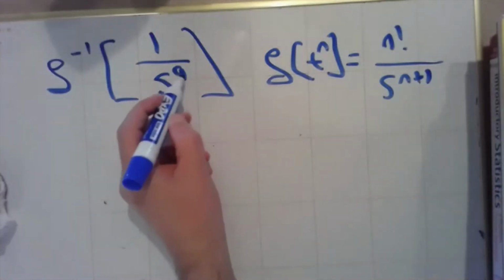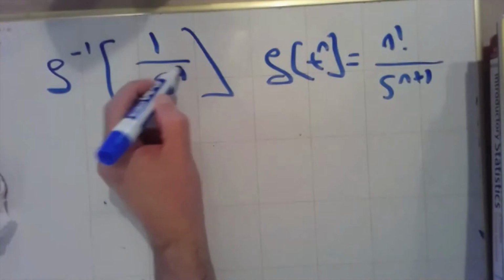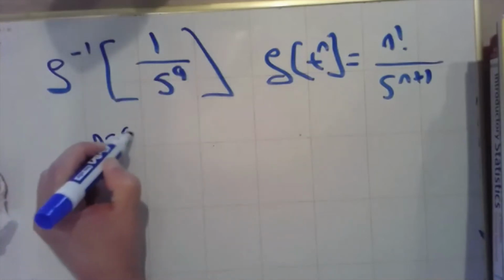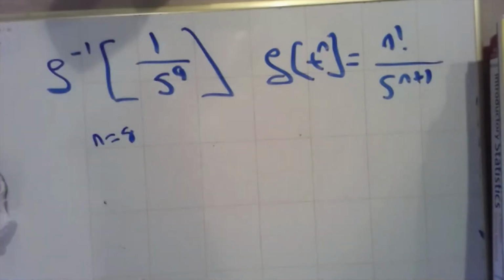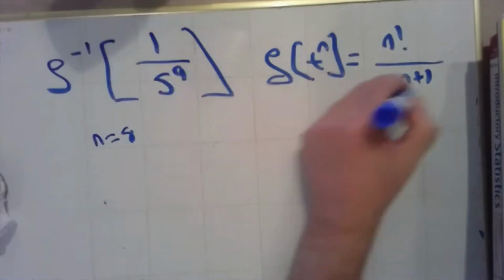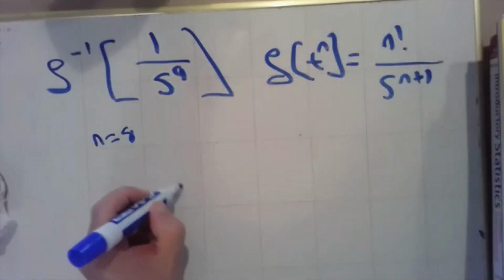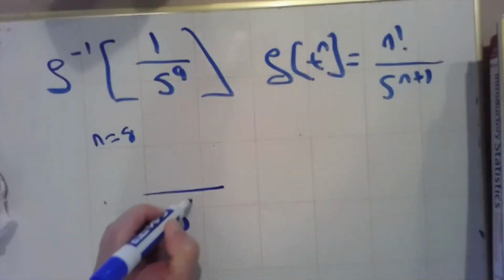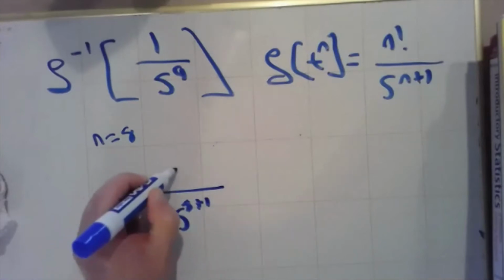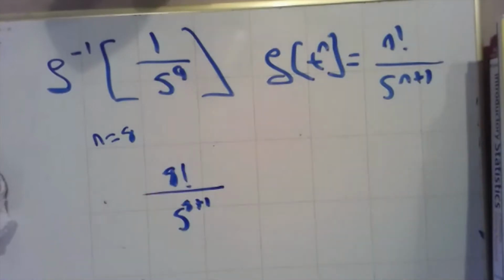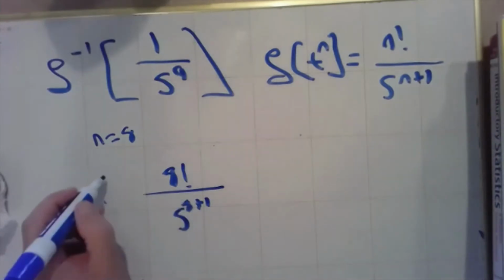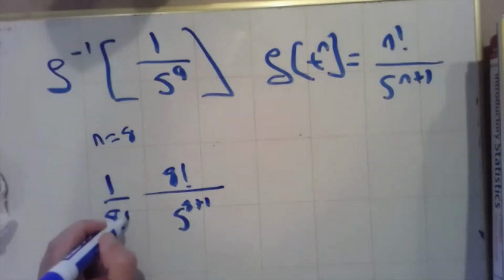So I'm going to think, oh, well, that's n plus 1, so n here must be 8. So in order to fit this pattern, I want to write this 8 plus 1. I need an 8 factorial here that I don't have. Well, the way to get it there is multiply and divide it.